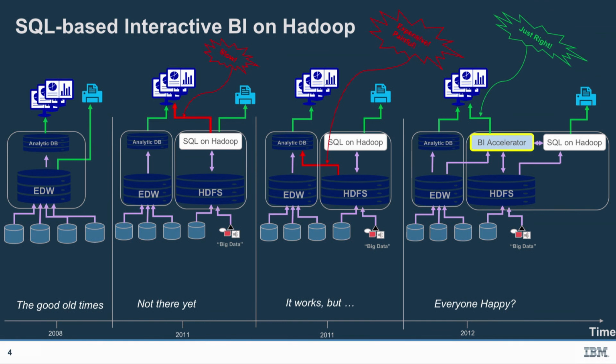All of them, the whole purpose is to get the low latency on Hadoop data, avoiding the upload of data to the warehouse. So that keeps everyone mostly happy. It's not ideal, but it solved the problem.